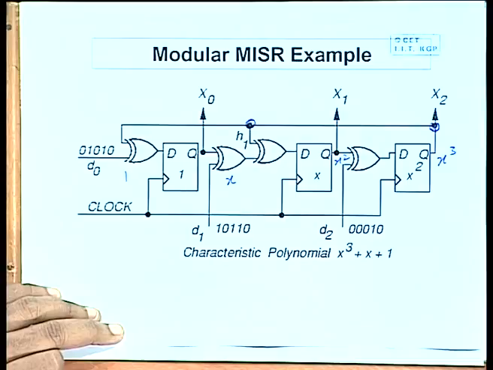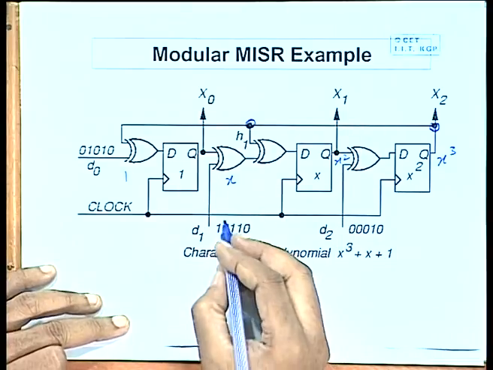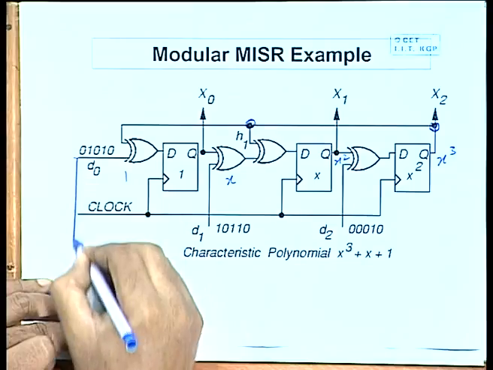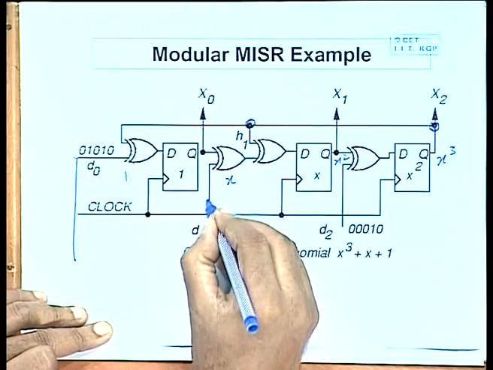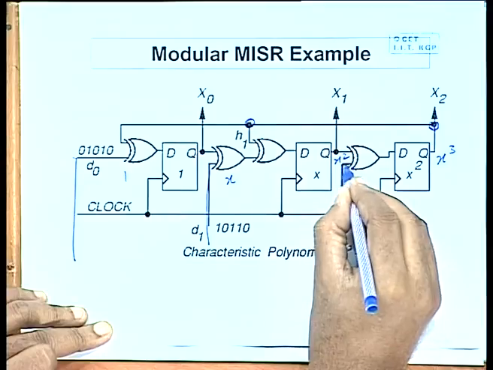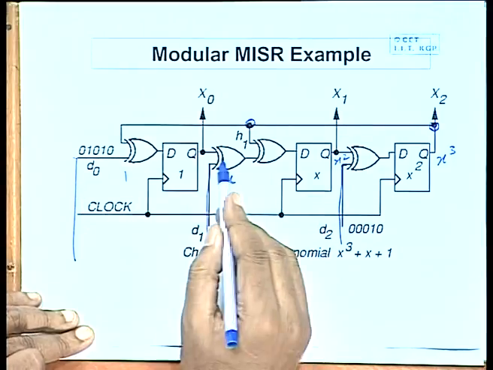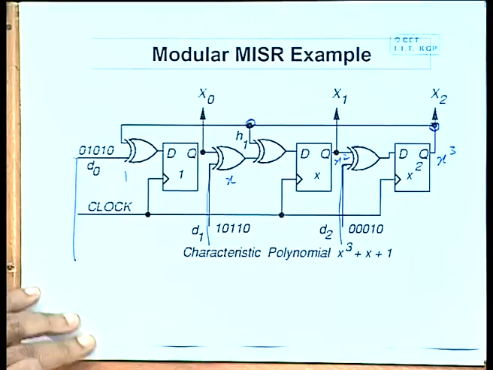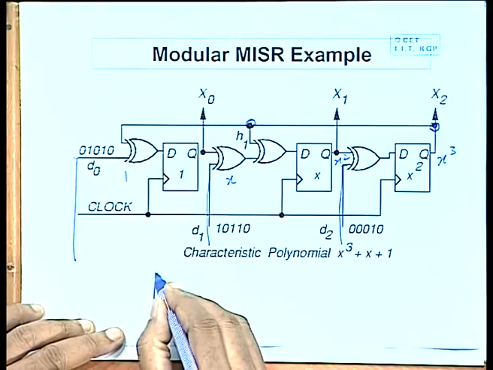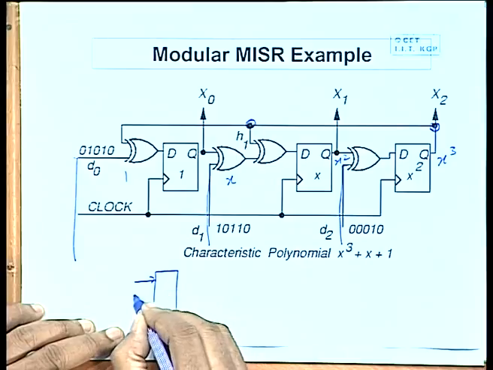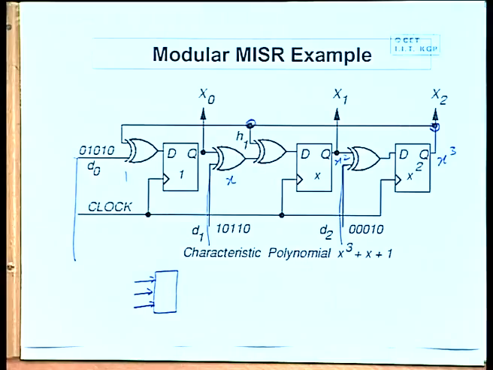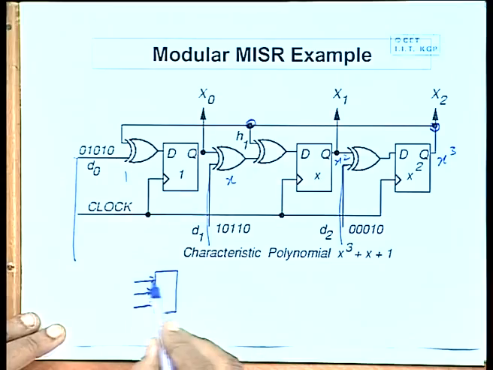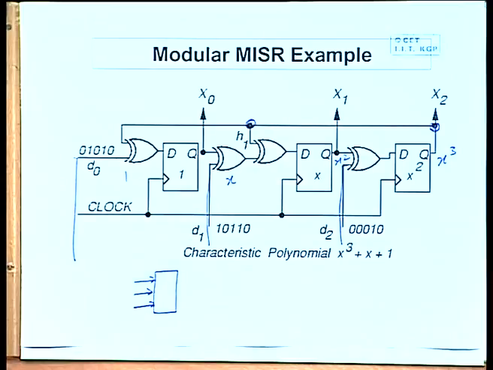These XOR gates are used to feed the input data. Externally you can feed 3 inputs together, D0, D1 and D2. So, now you have a signature register which can accept 3 bit streams together. If you have a 32-bit register, you can compress a 32-bit data stream simultaneously. So, this is how a MISR works.